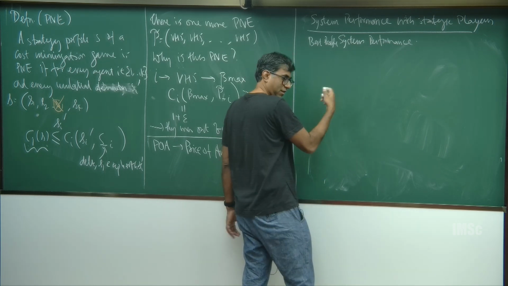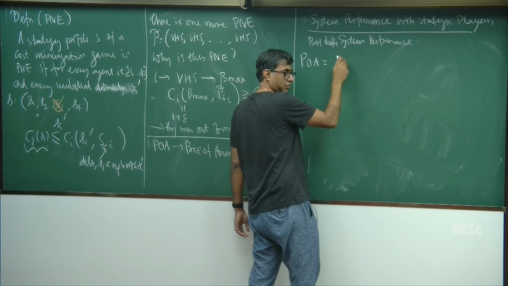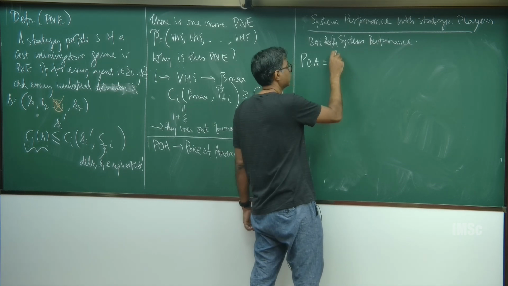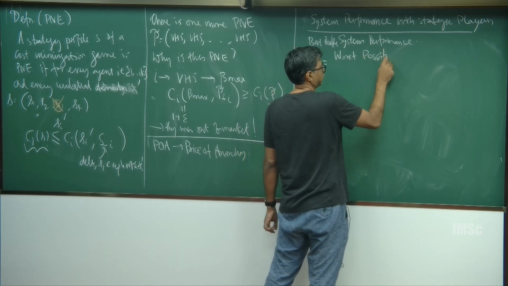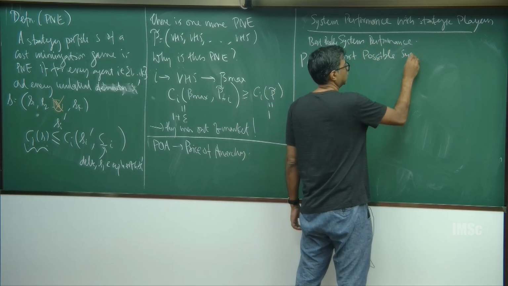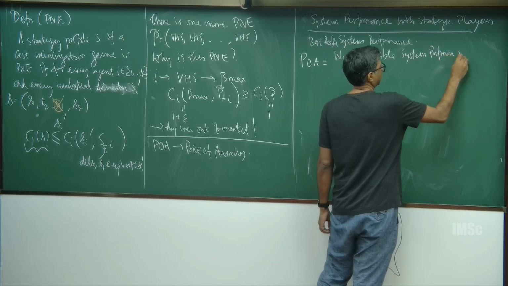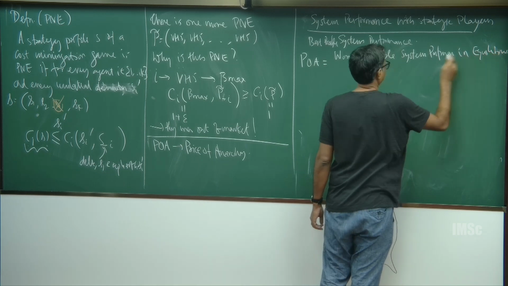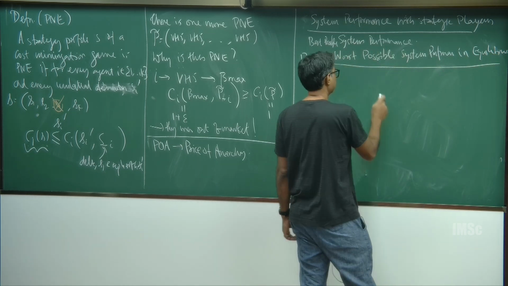Okay, so please tell me. Worst possible system performance in equilibrium, divided by the best possible system performance. This is fine, right?